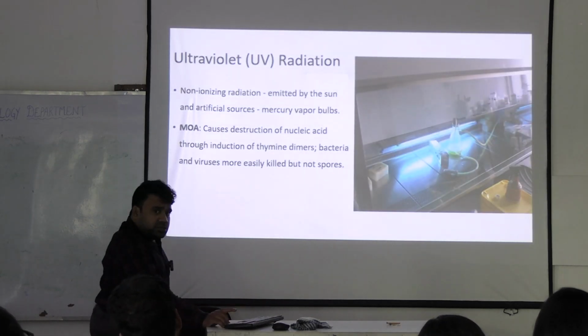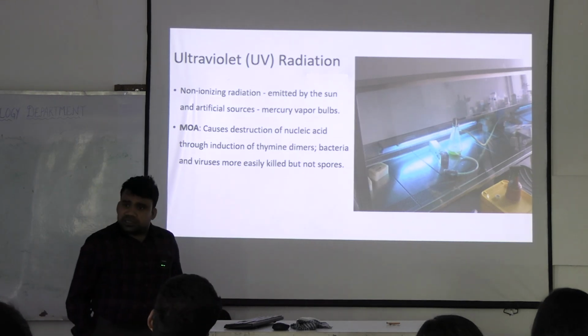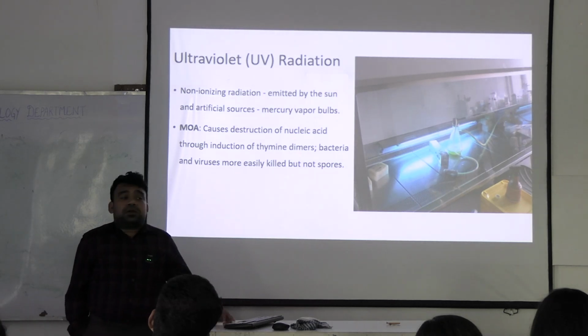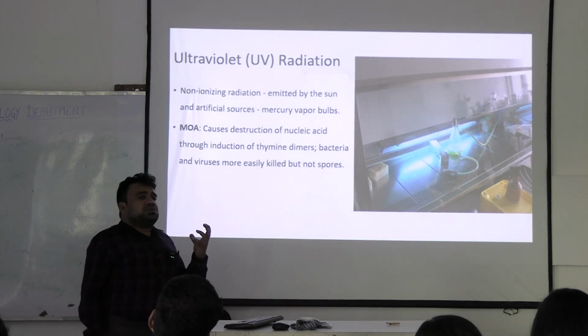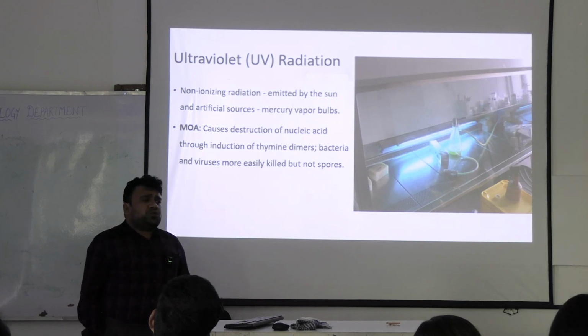Next is UV radiation. UV radiation causes direct damage to the nucleic acid. It can be used by placing the items or the instruments we are targeting to disinfect directly under the UV lamp.